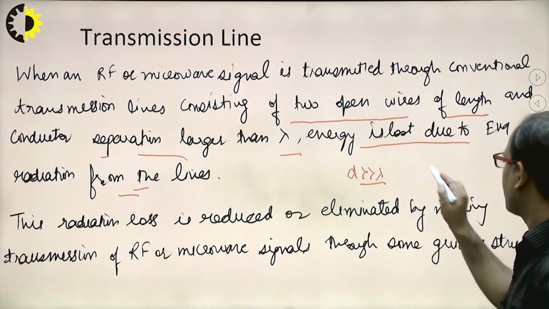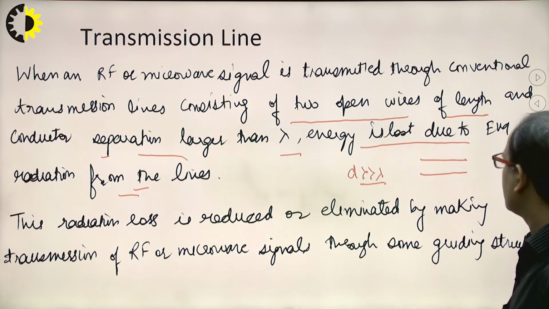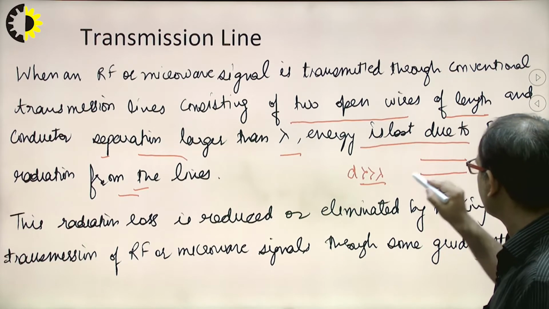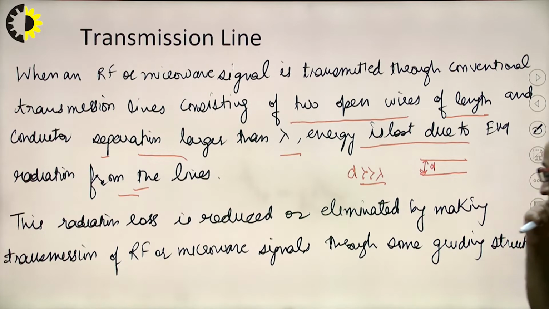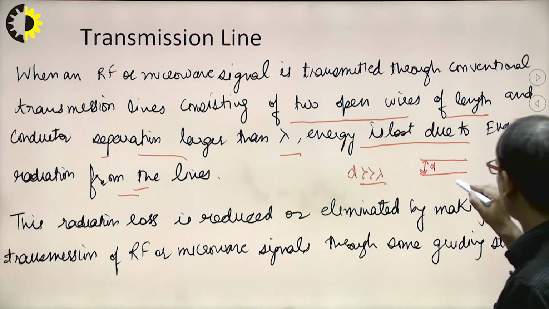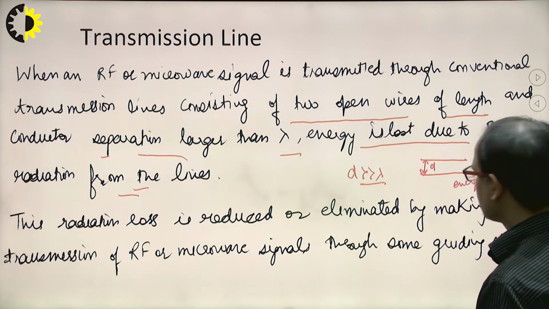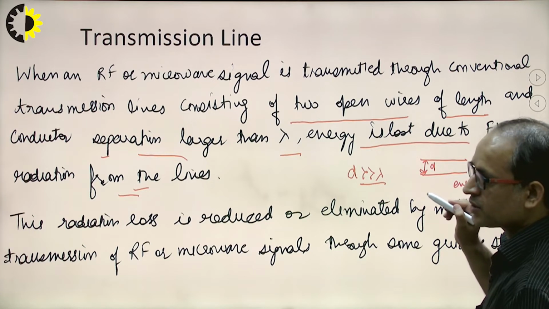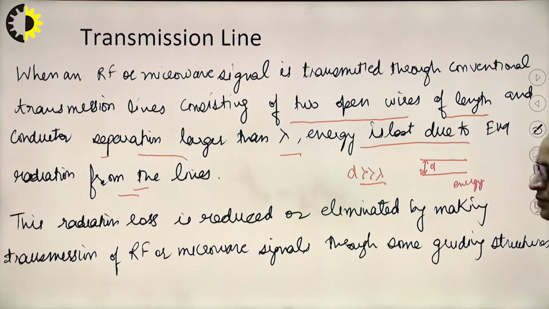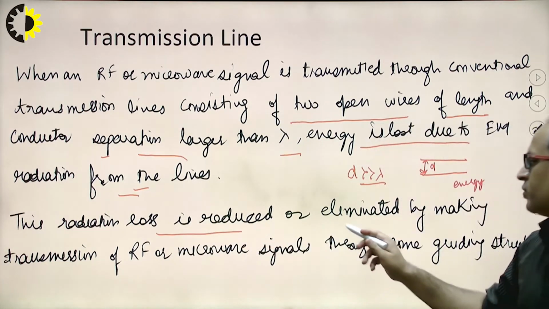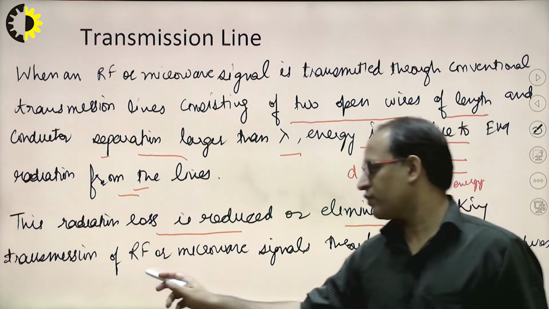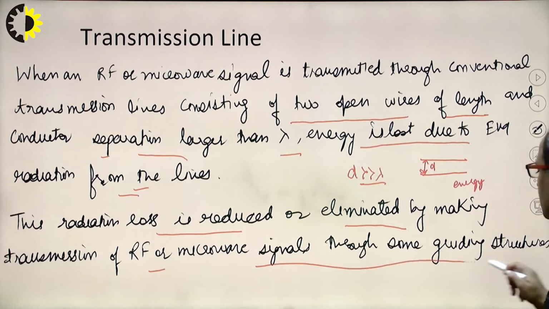If this is a transmission line, and this space D is very much greater than lambda, the energy will be lost into the space, clear.